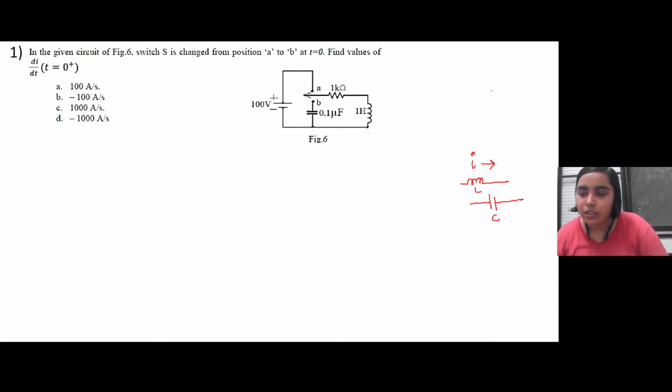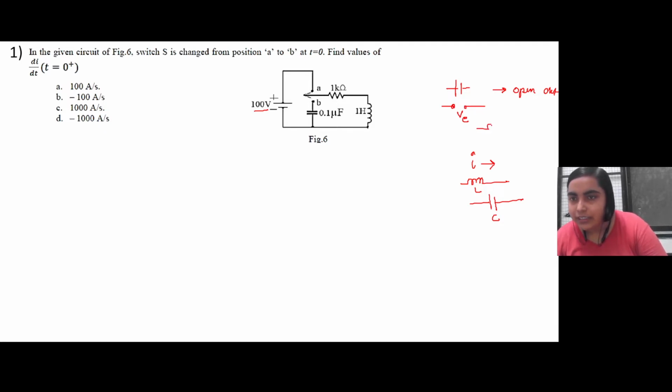A few more pointers are that under steady state condition, for example, in this circuit, when this particular switch is at A and it has been so for a long duration of time, since this is a DC voltage, under steady state the capacitor will behave as an open circuit, with a voltage Vc.